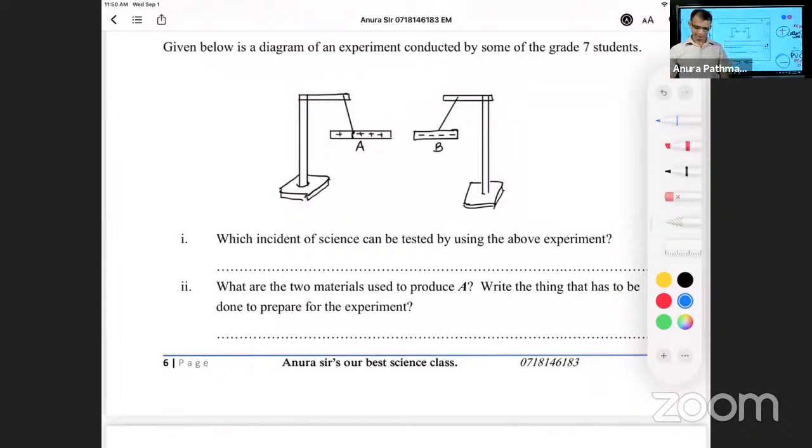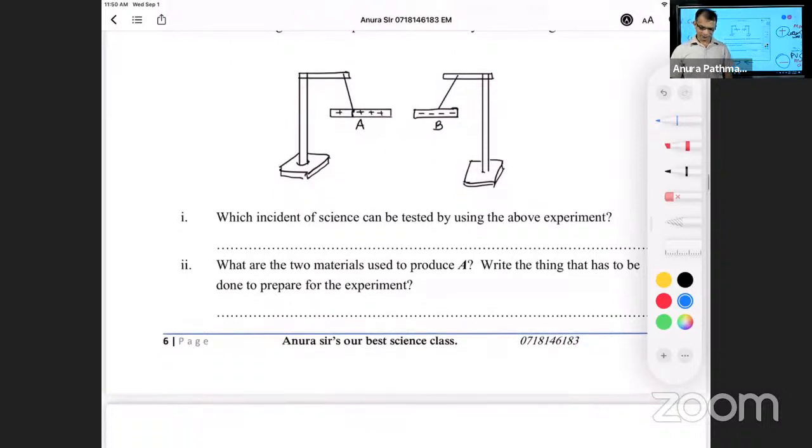Static electric charges. Attraction of unlike charges and repulsion of like charges. What are you going to test?